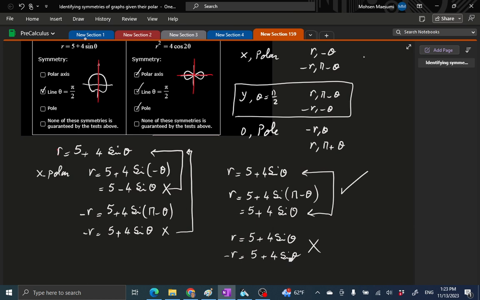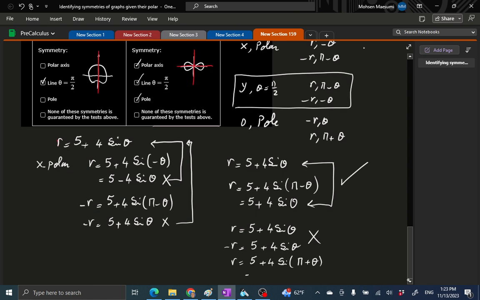If I change it to r and pi plus theta, I will have r is equal to 5 plus 4 sine of pi plus theta. If I simplify that, you can work it out that it's going to be minus sine of theta.